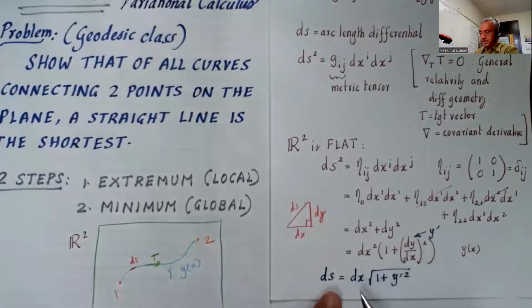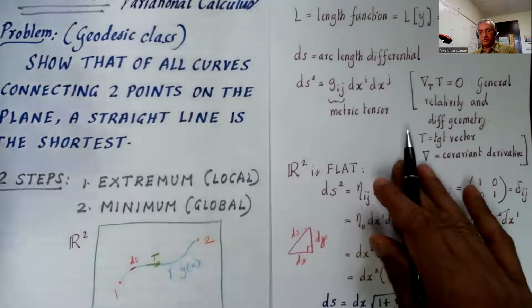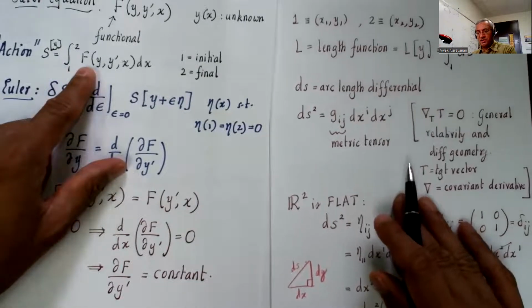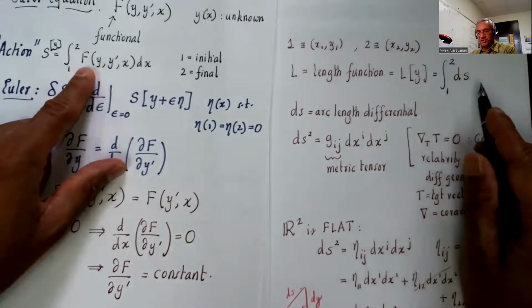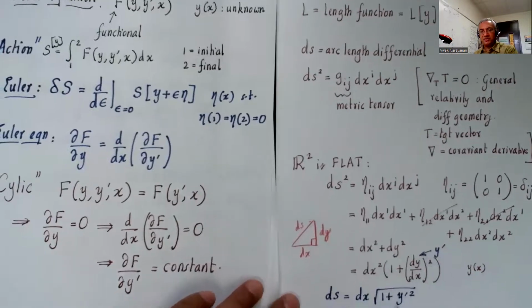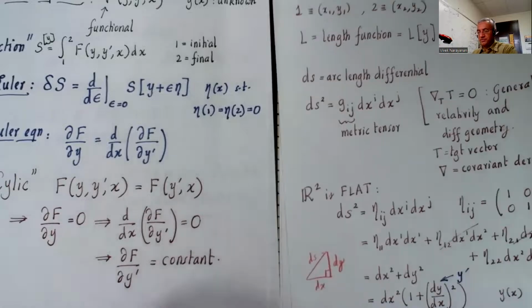So we have identified what our functional is. The functional is whatever appears under the integral sign. We said that ds appears under the integral sign, but ds is in fact equal to that. Let us write our length functional with this.